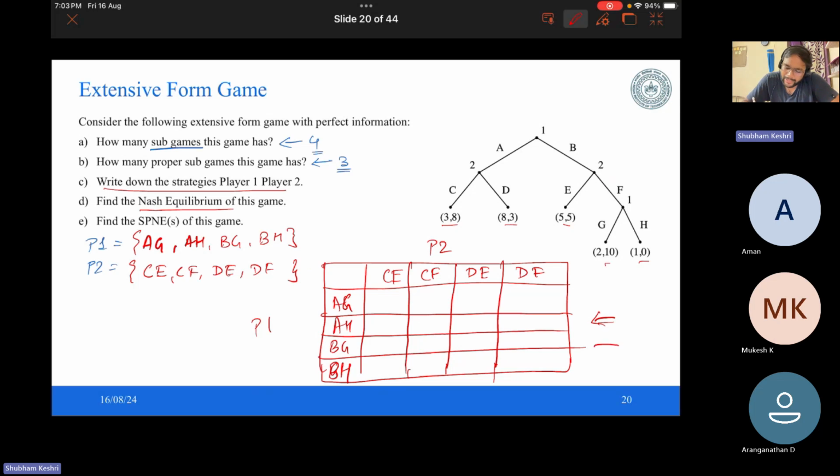Therefore, this is not a very efficient way to represent a game. All right, so A G and C E. What will be the utility? Please help me.